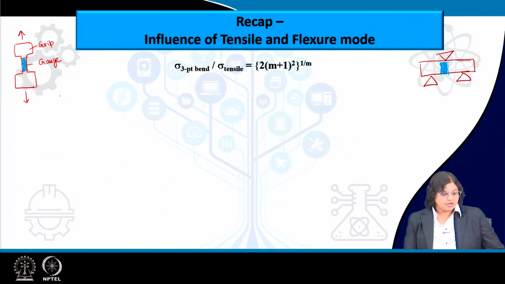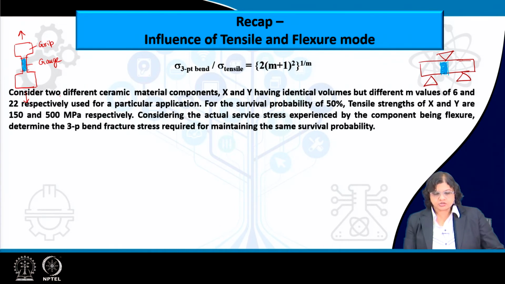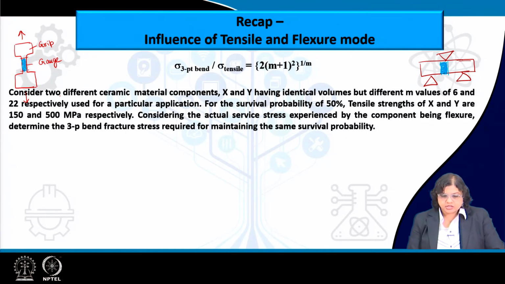So, let us see how we can use this for practical purpose. Here is a problem which says: consider two different ceramic materials, again the same components x and y, having m values of 6 and 22 respectively, which are used for a particular application, and for the survival probability of 50%, the tensile strengths of x and y are 150 and 500.